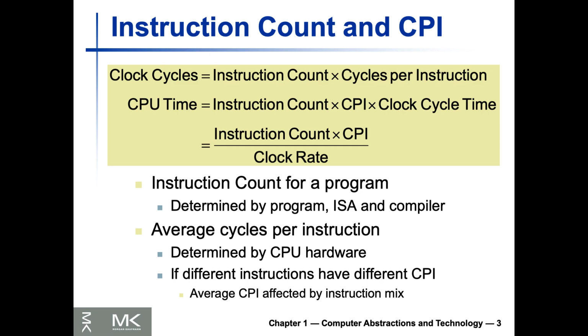And we were talking about different factors that can vary these numbers in each level of the programming paradigm: the architectural level, compiler level, high-level application level, and so on and so forth.